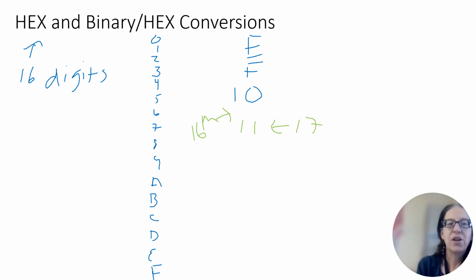Now, the great thing about hex is that it allows us to go in and out of binary super, super easy. Most of your digital stuff is done in what's called a byte, which you are familiar with because your memory comes in megabytes and gigabytes.